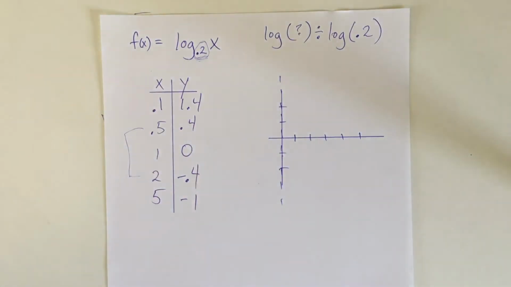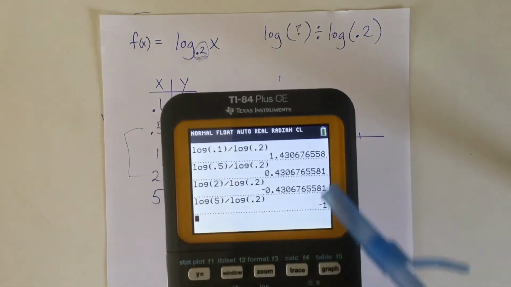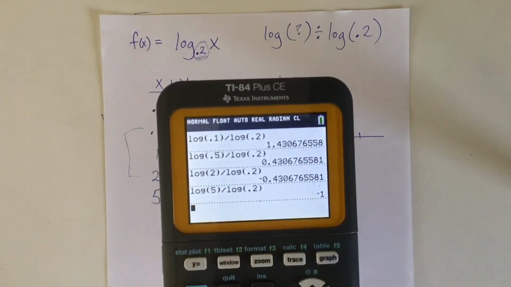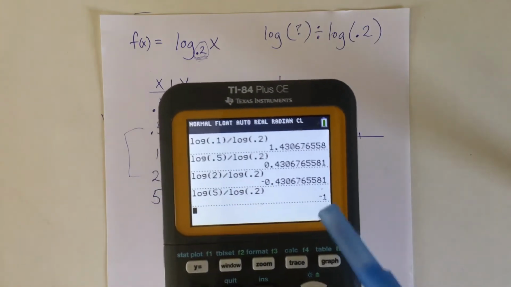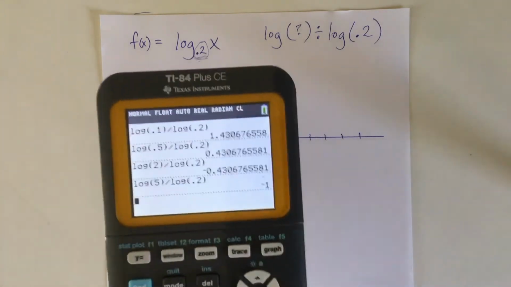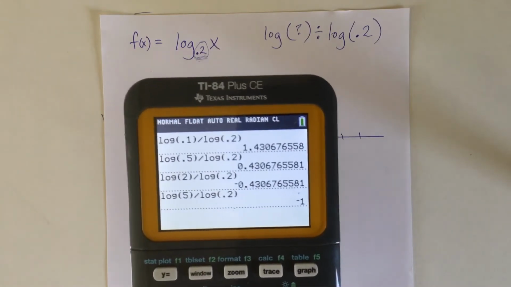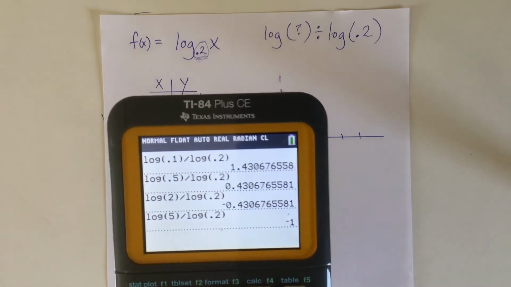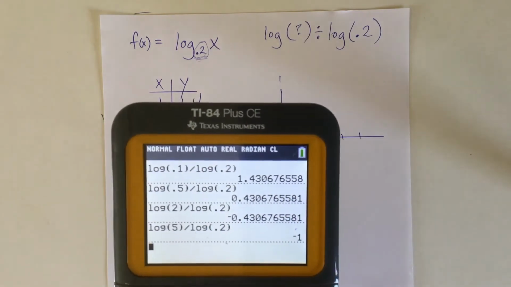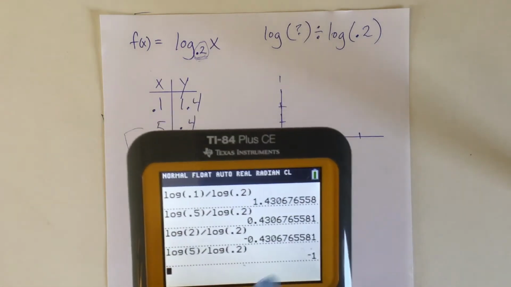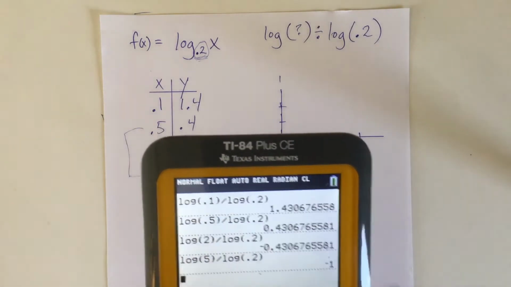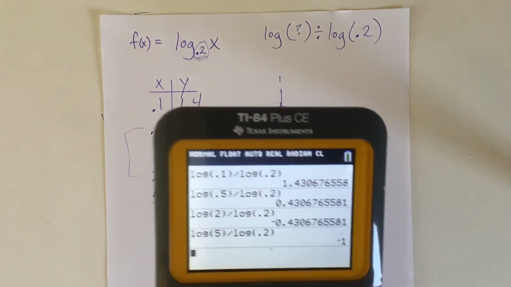Hey, guess what? Sometimes you get really weird decimals for logs. Sometimes you get super weird decimals. And sometimes you don't. Sometimes you get regular numbers for logs. It will happen. You'll be working on a problem and go, I got 3. And then there's other times where I got 0.4306765, etc., right? But here we go.